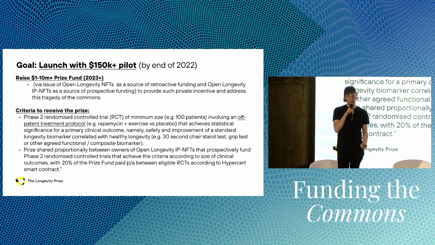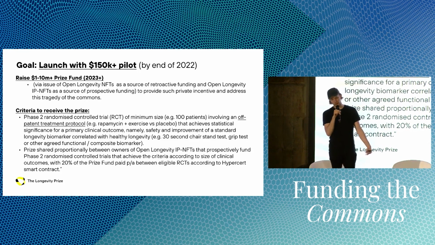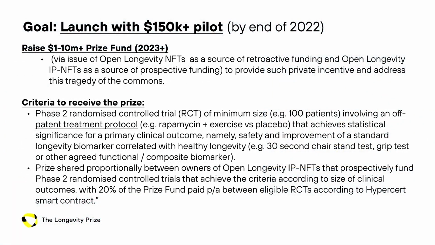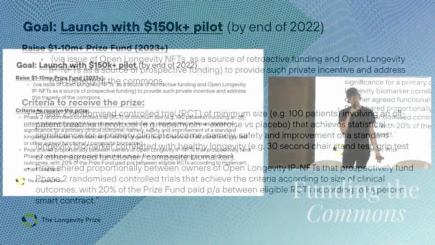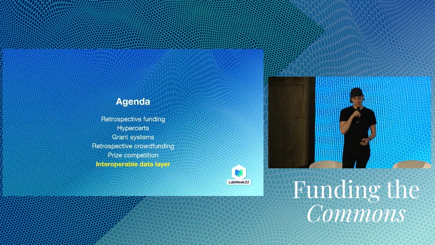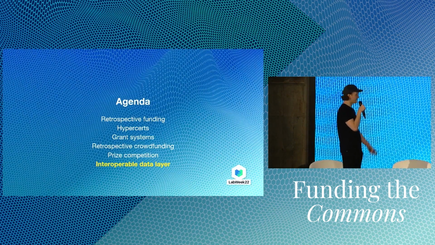So the only thing there is, for example, rapamycin, a very famous drug, combined with exercise compared to a placebo, and seeing how that improves some endpoints, like the 30-second chair test or grip test. That's basically the goal for the pilot.